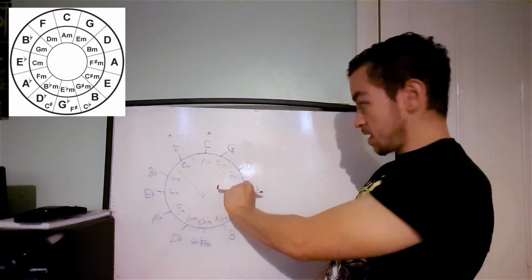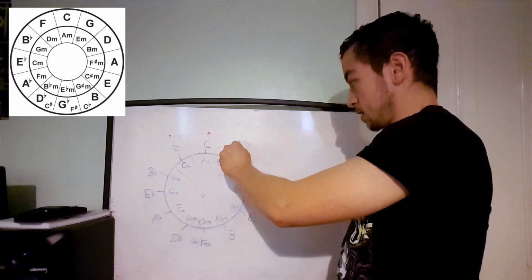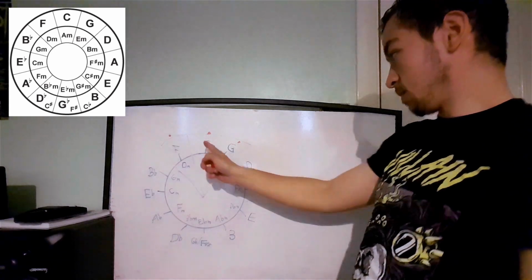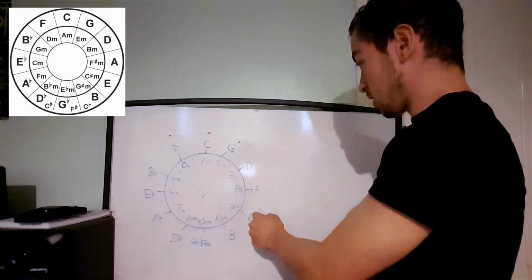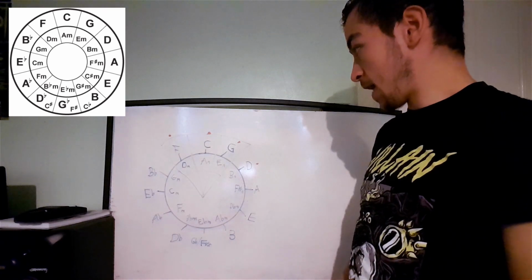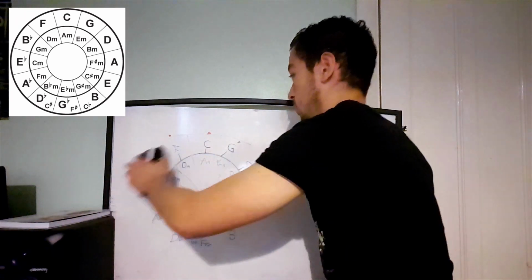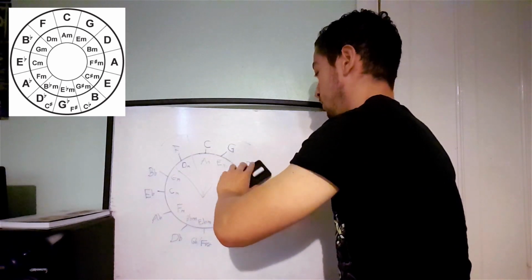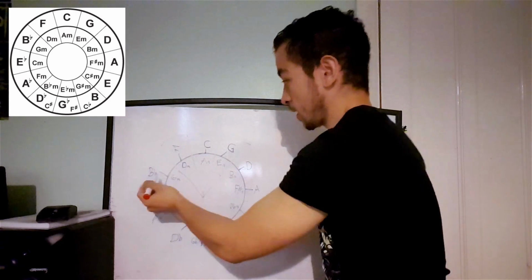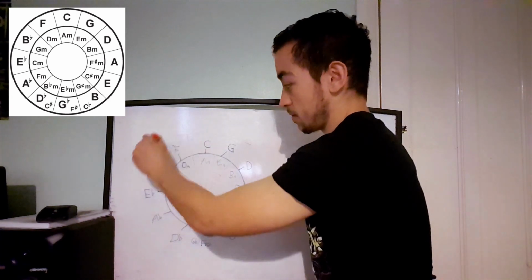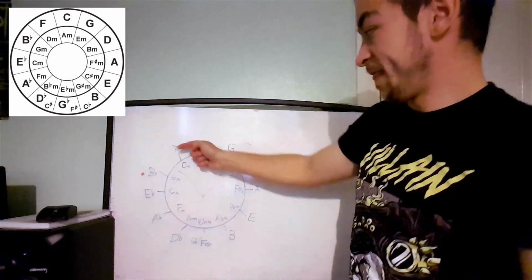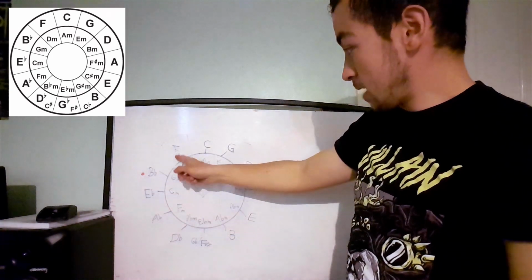Then if we move to the key of A, we're going to add the G there, and we've got 3 sharps there, which is F sharp, C sharp and G sharp, and so on, 4 sharps in the key of E. And then if we move backwards and find out flats, F has 1 flat, and that flat will be the one next going anti-clockwise, so our flat would be B flat.